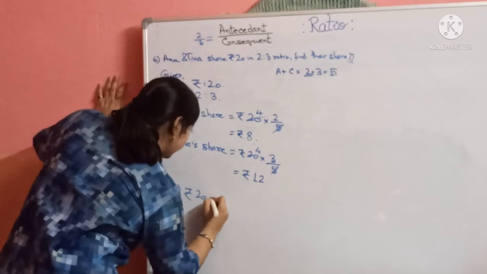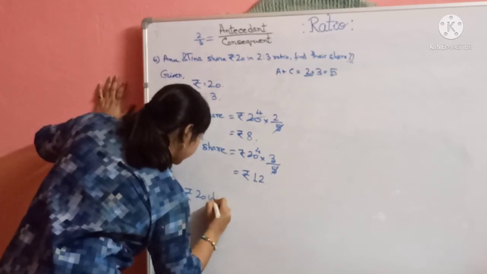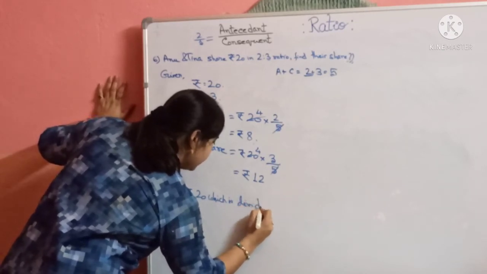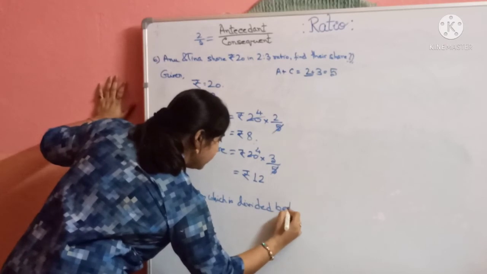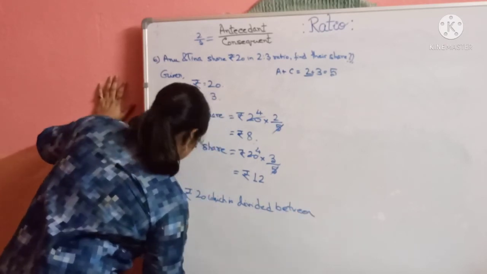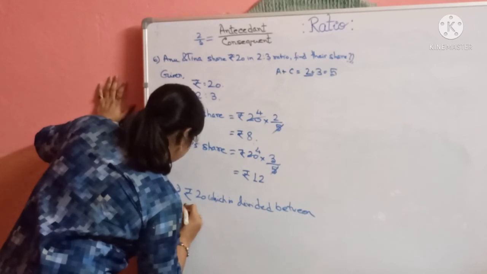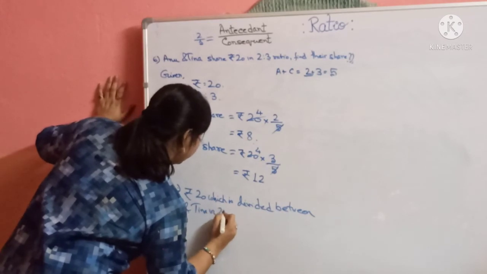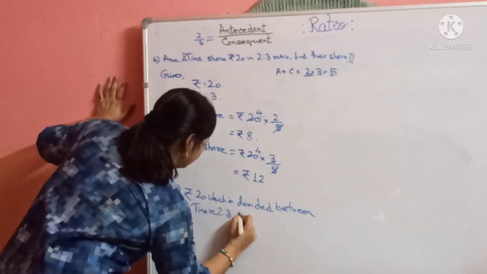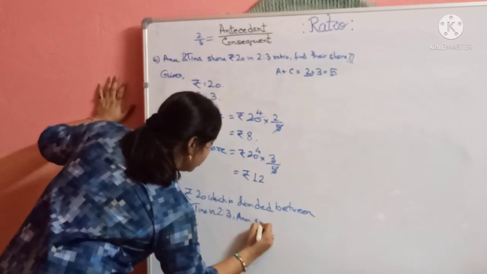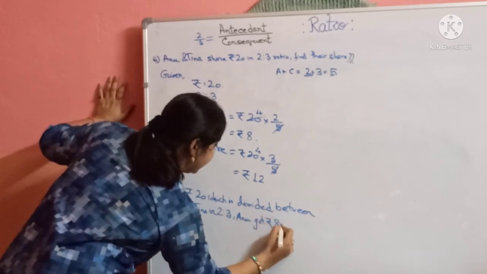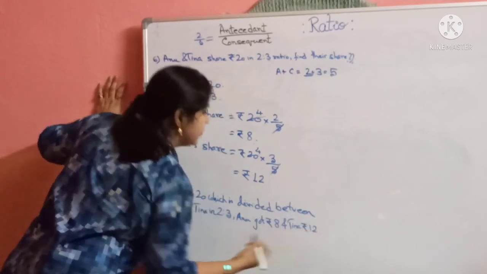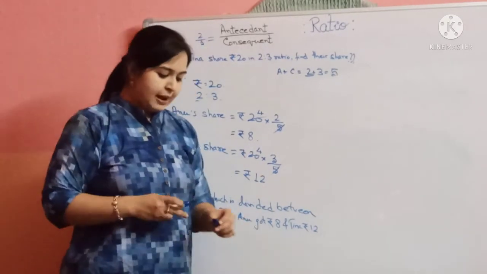Rupees 20 is divided between Anu and Tina in 2:3 ratio. Anu got rupees 8 and Tina rupees 12. Done.